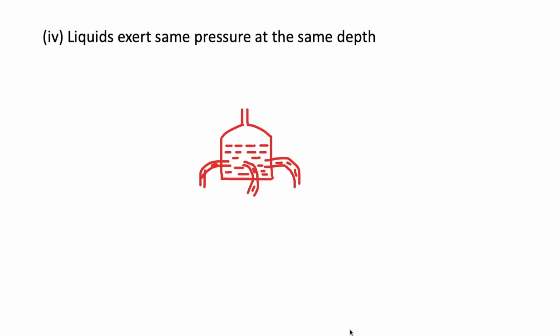Keep the bottle in vertical position and you can see water oozing out of the holes in streams that fall at the same distance from the bottle. The water falling at the same distance from the bottle from different holes at the same depth successfully demonstrates that liquid exerts equal pressure at the same depth.